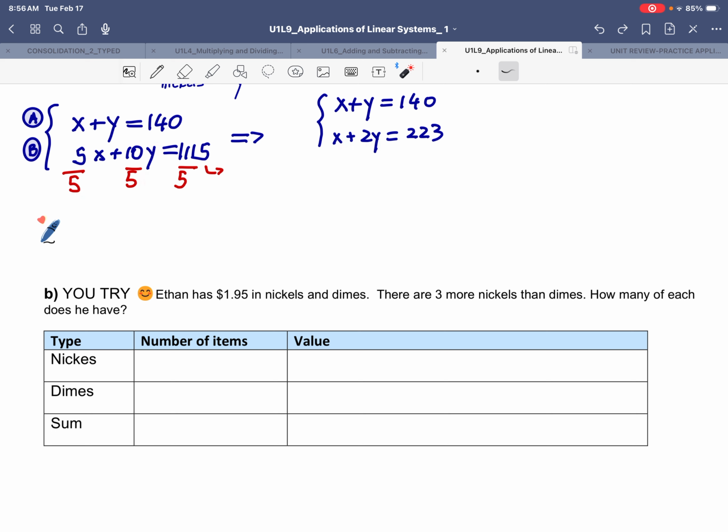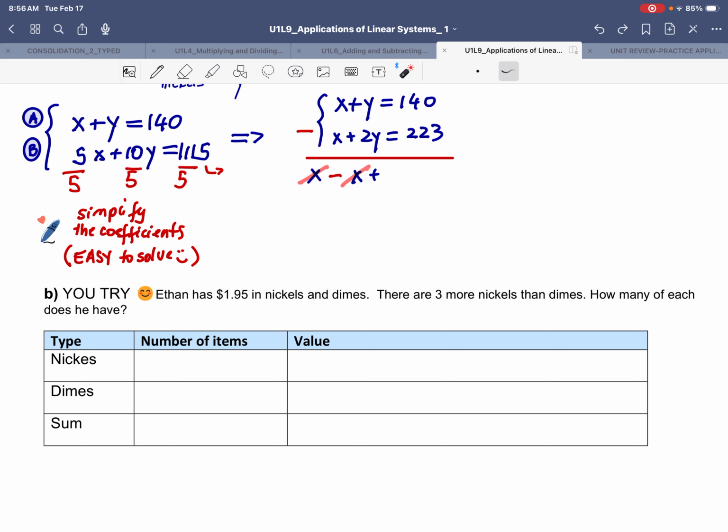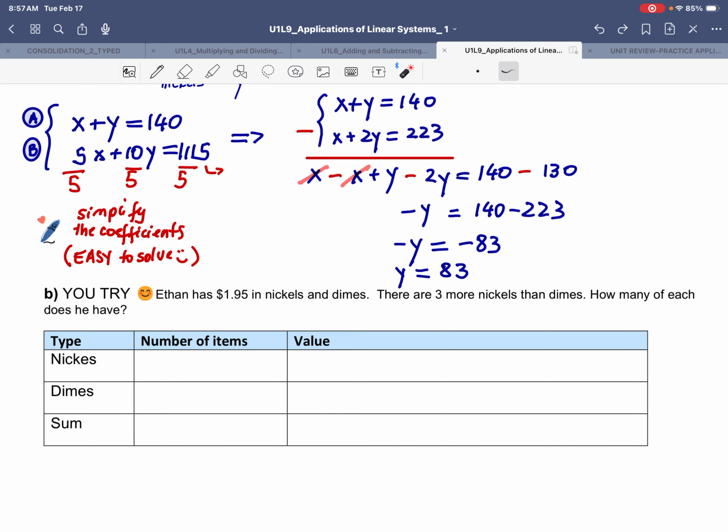Now, we're going to solve the system. As you can see, x has the same coefficient, so elimination would be easier. We are going to subtract the equations. So we have x minus x plus y minus 2y equals 140 minus 223. Therefore, 140 minus 223 is equal to negative 83, which will make y equal to 83.